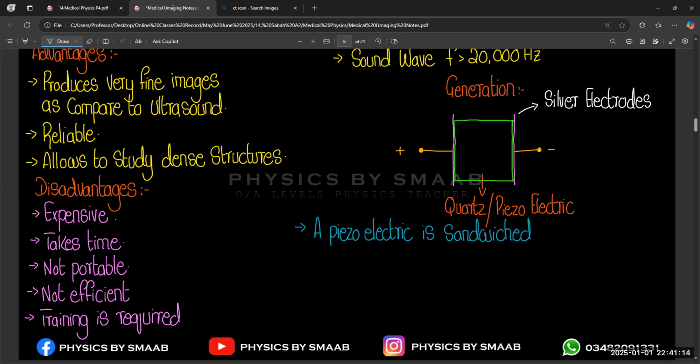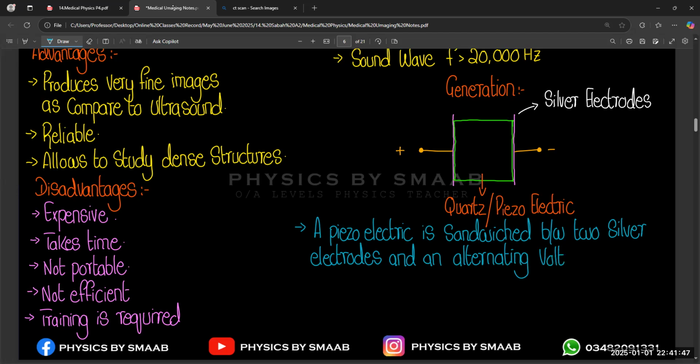So according to the setup, this piezoelectric material is sandwiched between two silver electrodes, and an alternating voltage is applied across it.